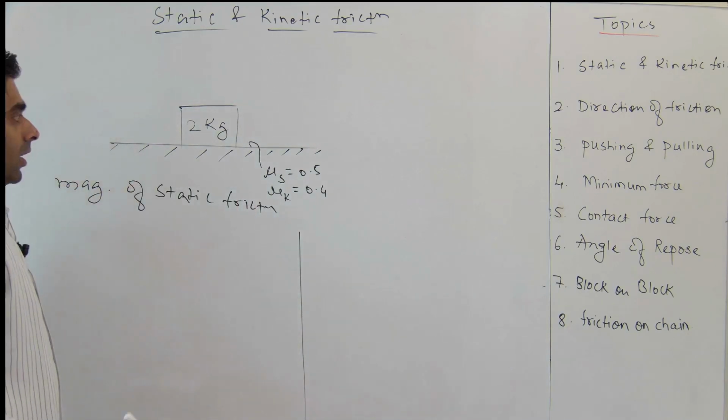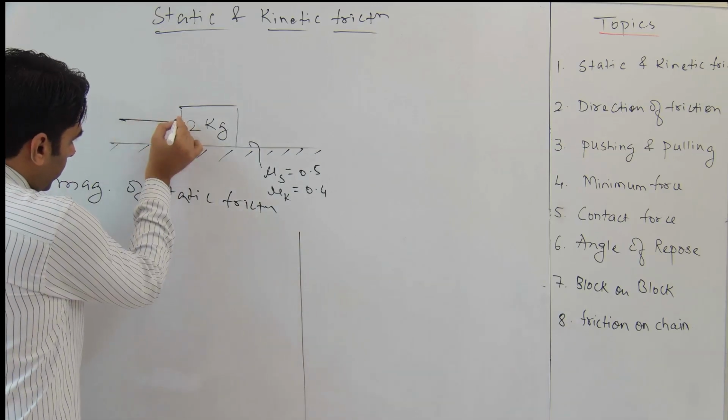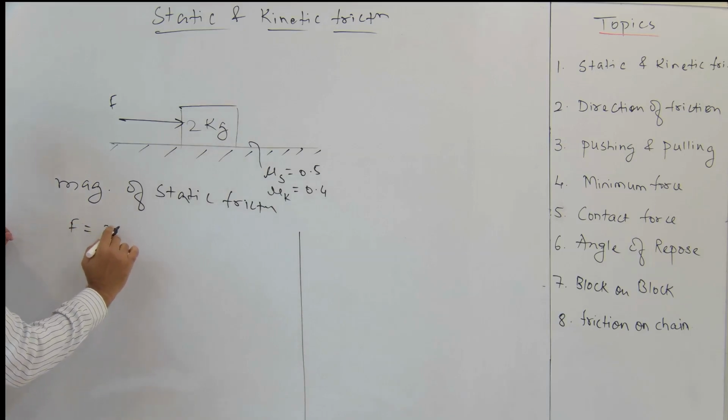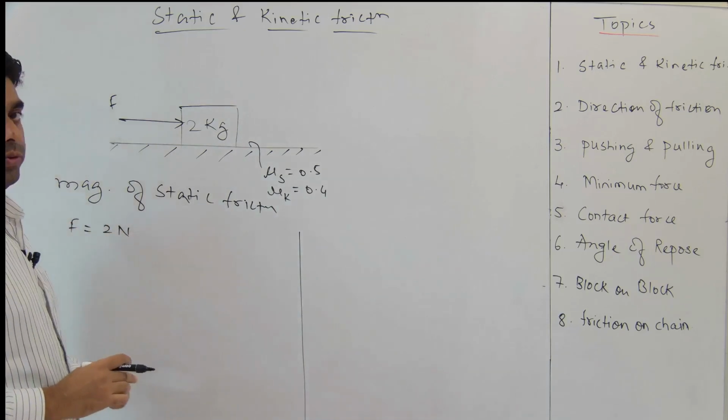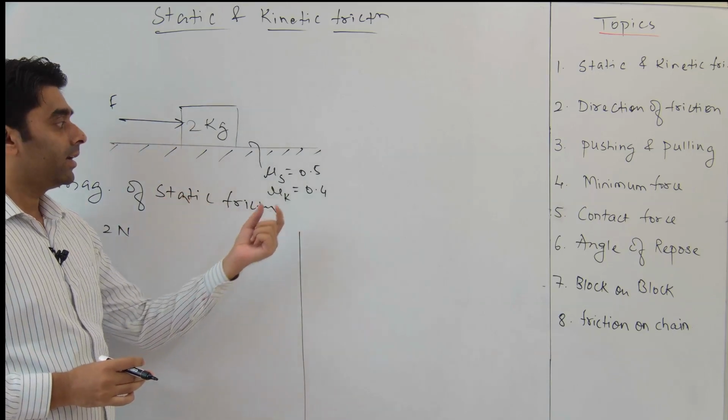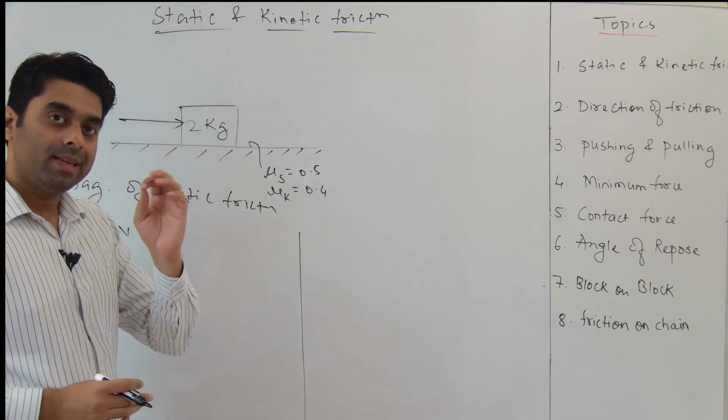Considering that some force F is acting, initially this force is, let's say, 2 Newton. Will the block move? How do we decide? We will have to calculate the limiting friction value. What is limiting friction?